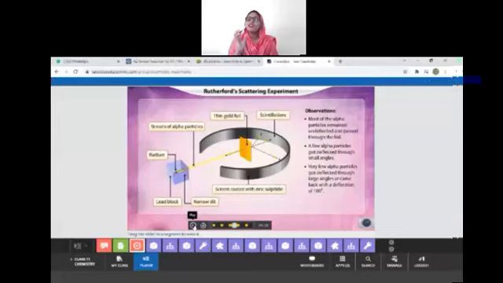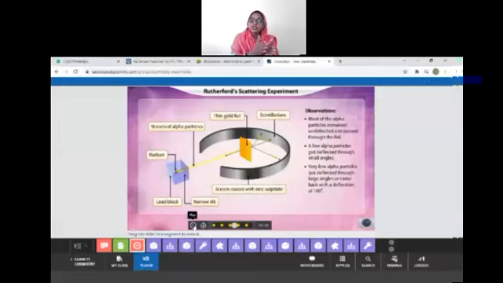Now what is the second observation? A very few alpha particles got deflected through small angles. You know that alpha particles are a positively charged species. When does a positively charged species deflect?